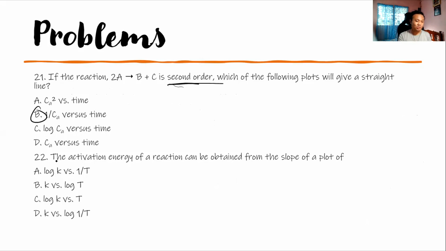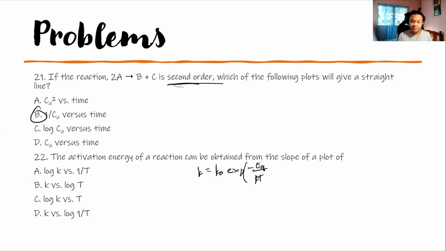So for number 22, the activation energy of a reaction can be obtained from the slope of a plot of... Okay, so let's look at the Arrhenius equation once again. So we have k equals k0 exp of negative Ea over RT.